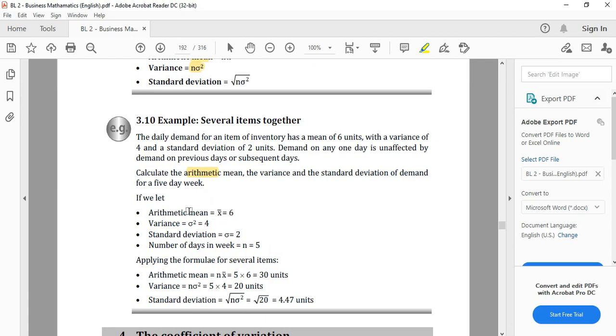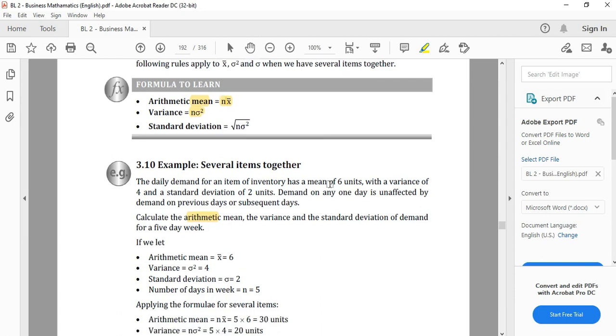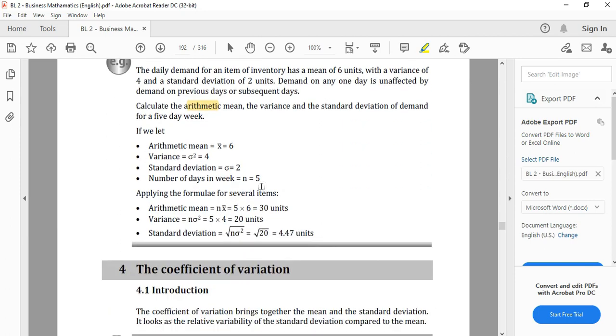Well, arithmetic mean, you see here the formula they have given to remember. We said it stands for X bar, but do you notice this N over here? The N is what you need to additionally put to find the arithmetic mean.